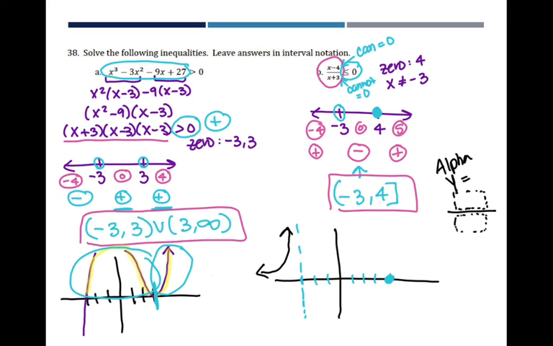I have this piece and I have this piece. Now, since I want the piece that's less than or equal to 0, I need it to be negative. So the portion of my graph that is negative is going to be the one that is below the x-axis. So that's this piece right here. And that interval goes from -3 to 4.